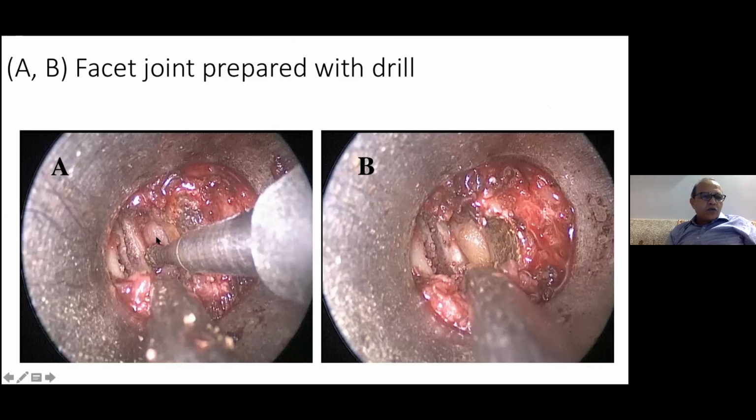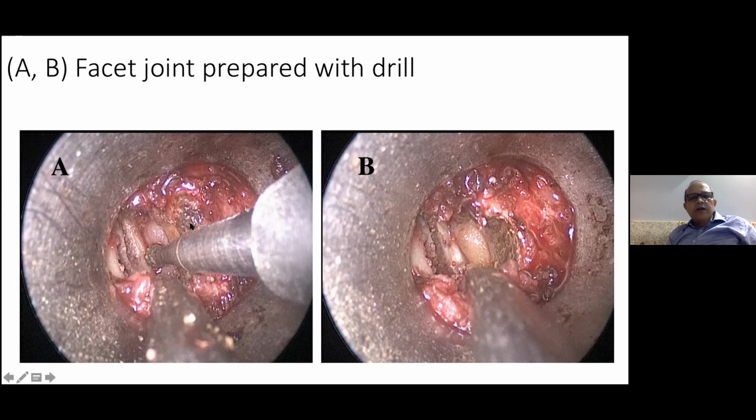This slide shows the facet joint, so not only open the facet joint, but also drill the facet joint so that the fusion is good. The end cartilage you remove so that the bone graft you put in will nicely get incorporated, and there will be good bone fusion, because the plate and screws will not stay for a very long period.